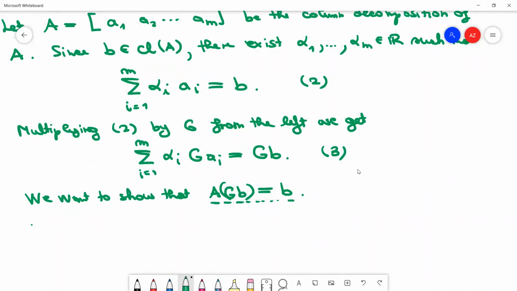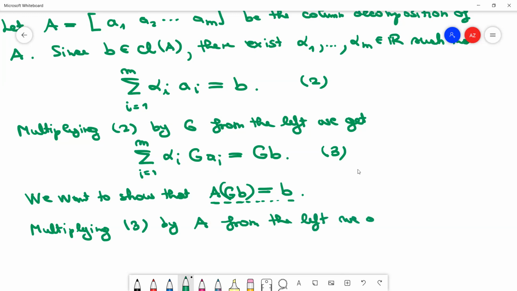So multiplying 3 by A from the left, we get, sum over I from 1 to M, alpha I, AG, AI is equal to AGB.